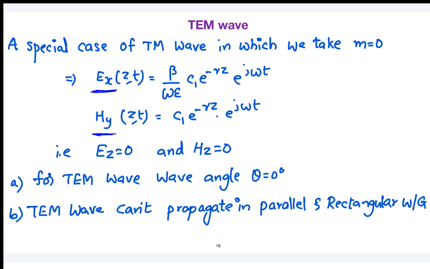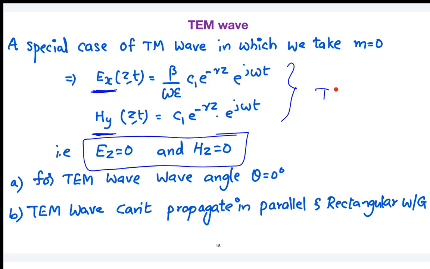And if you see the equation I had earlier, for TM00, Ez equals 0 and Hz equals 0. Can I call this a TEM wave, a transverse electromagnetic wave, or not? Yes. Electric field in the X direction, magnetic field in the Y direction, propagation in the Z direction. So I can call this a transverse electromagnetic wave.